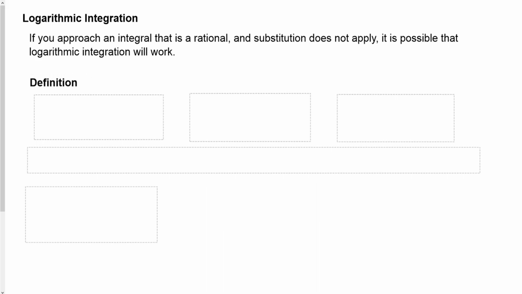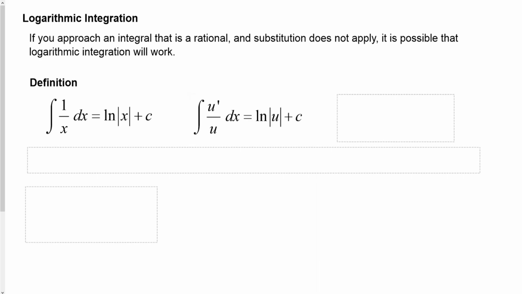The definition here, we're still just working off of the rule that we stated already. The integral of 1 over x dx is the natural log of absolute x plus c. We just happen to be extending it so that we're using u substitution.